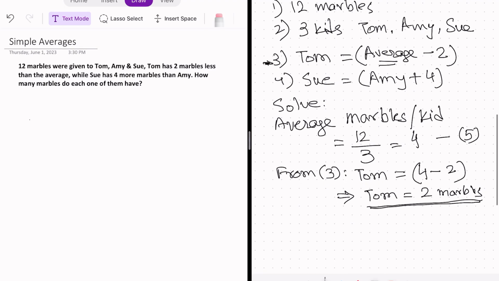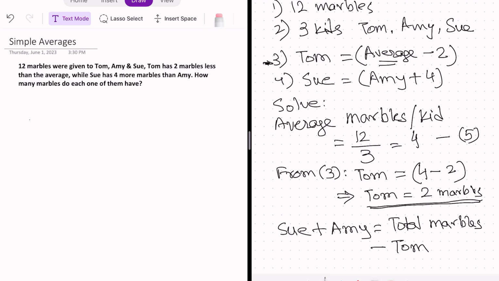Sue has 4 marbles more than Amy. Right? So if Tom has 2 marbles out of 12, then Sue plus Amy must have the total number of marbles minus what Tom has.